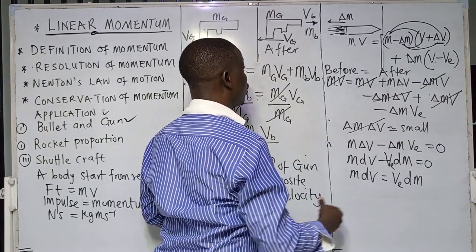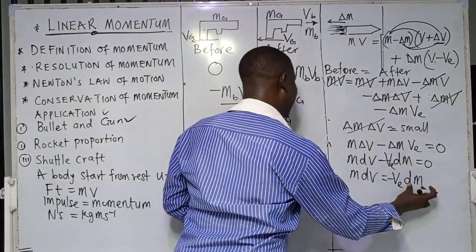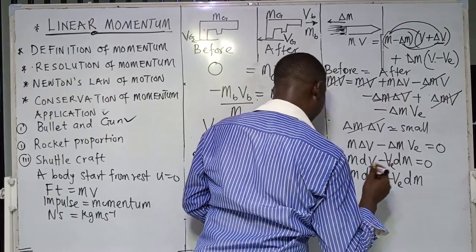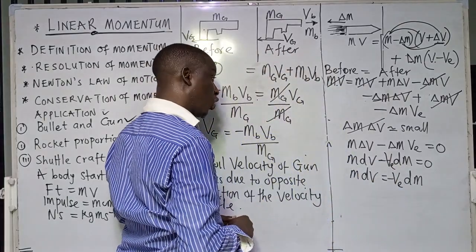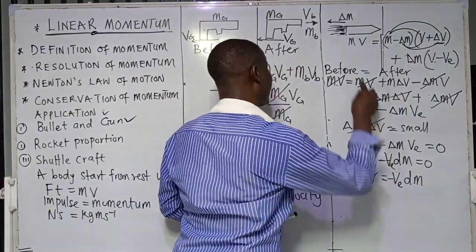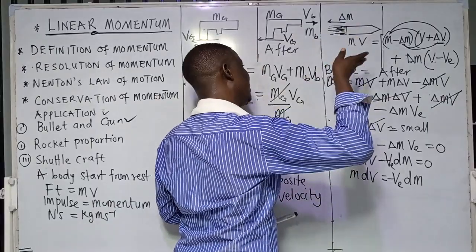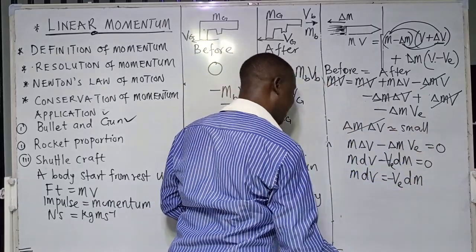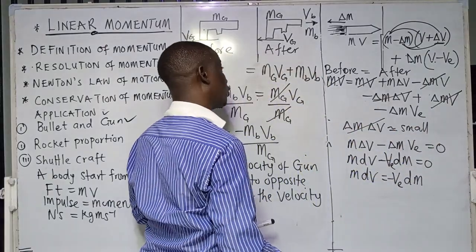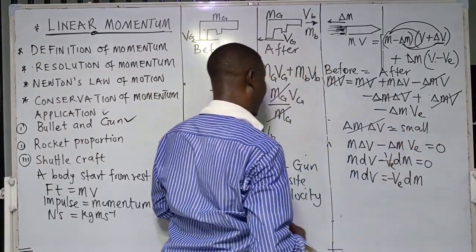Now, since there is a reduction in mass, this one will carry minus. The dm, the change in mass, will carry a minus because there will be loss in mass. The final will be smaller than the initial, because the fuel will have been gone, so the initial total mass will be higher than the mass after. So this is what we're going to have. The minus we see remains even when taken to the other side.